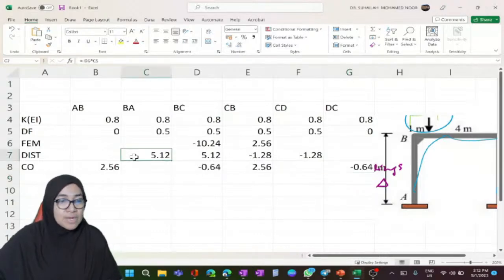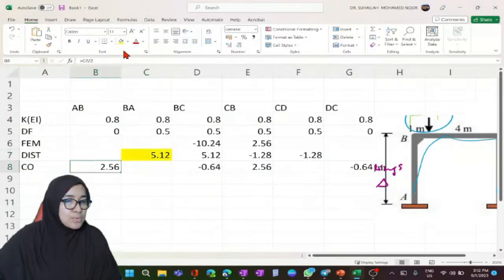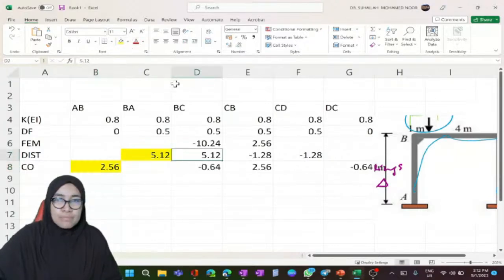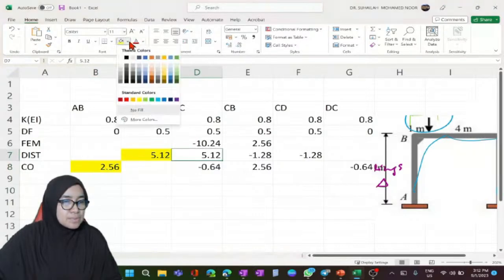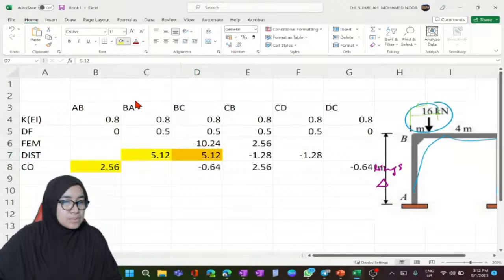For the carryover, we are actually doing this. This one we carry across the boundary, and for BC we also carry across the boundary.